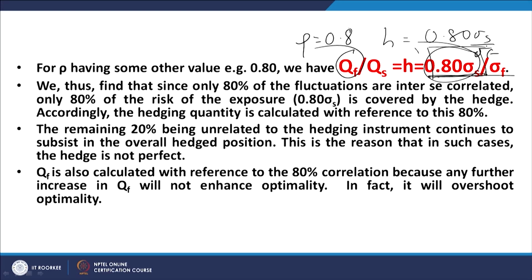So, to reiterate, if 0.8 is my correlation coefficient, then the optimal hedge is created by considering only 80% of the standard deviation of the fluctuations in price of the exposed asset, and therefore it also implies that the remaining 20% of the price fluctuations will not be covered by the hedge and will continue to be unattended.